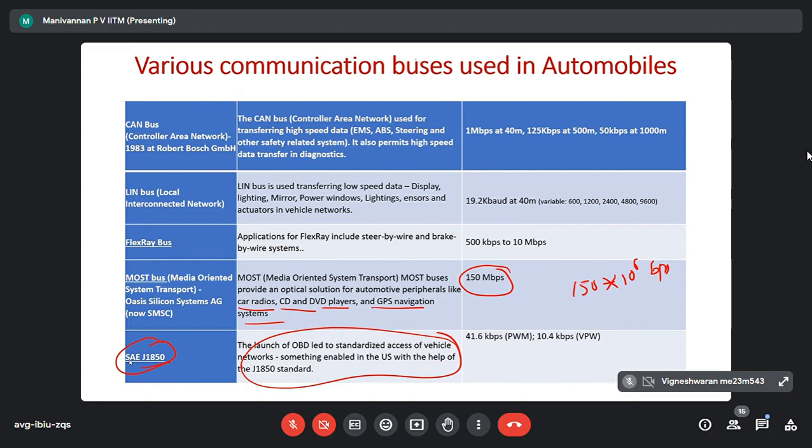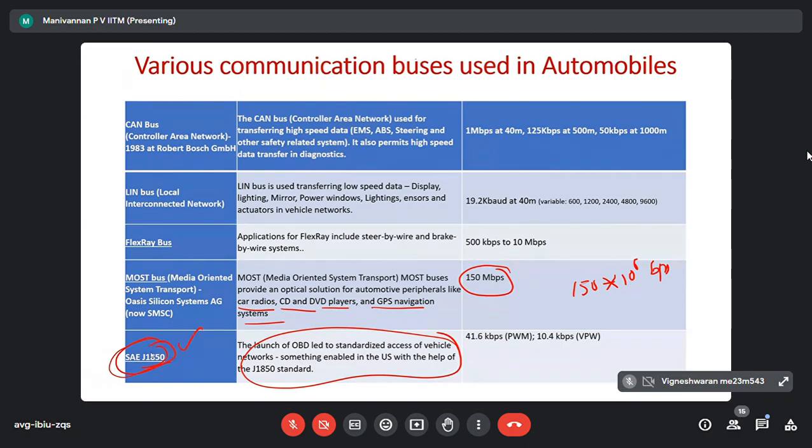Those companies formed a consortium and developed their own bus. So all American car companies use this bus inside the vehicle. Please note that if you want to use this bus, you need to pay some royalty.